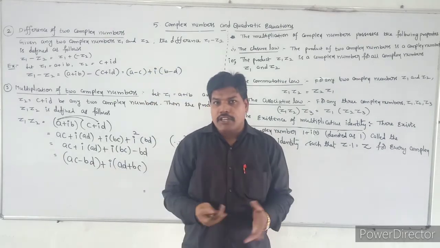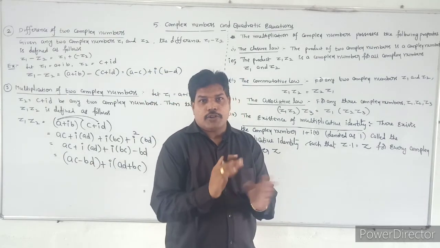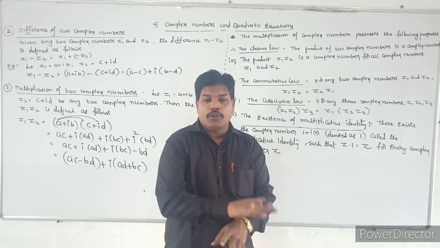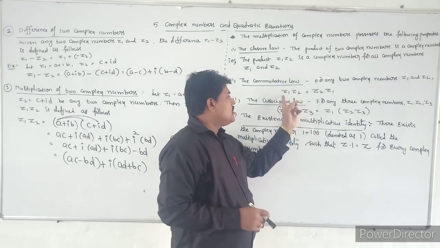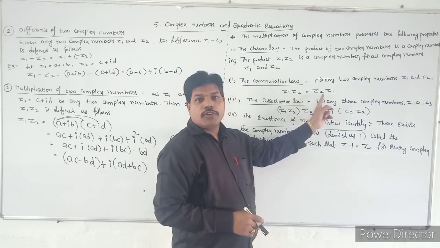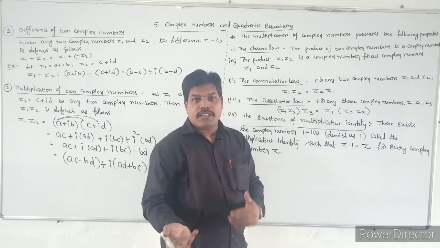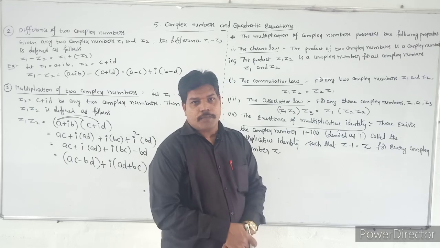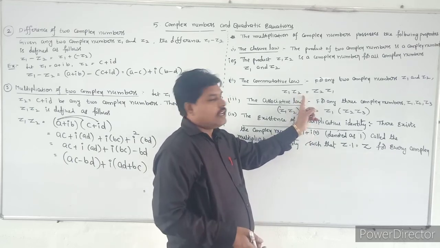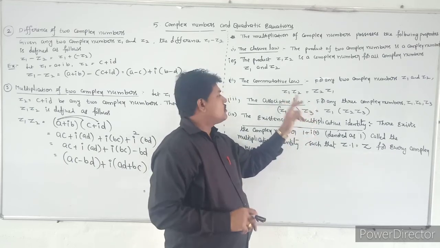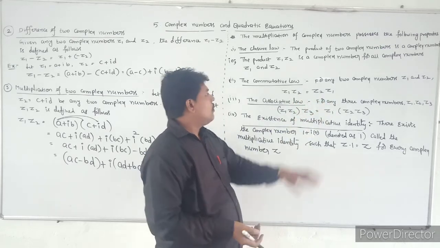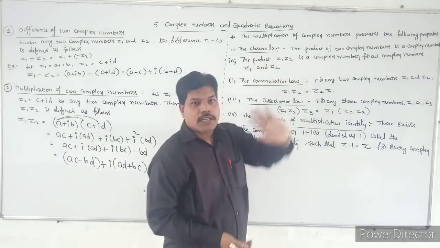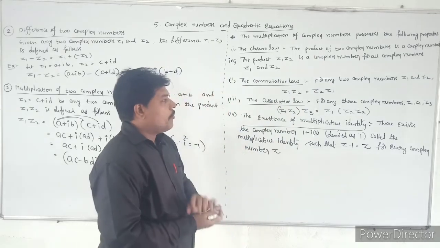Because nothing will be changed in the multiplication. 2 into 3 or 3 into 2, nothing changes. So in complex numbers also, Z1 into Z2 is equal to Z2 into Z1. Yes or no? 2 into 3 is 6, 3 into 2 is also 6. So the commutative law is satisfied; it possesses the commutative law.